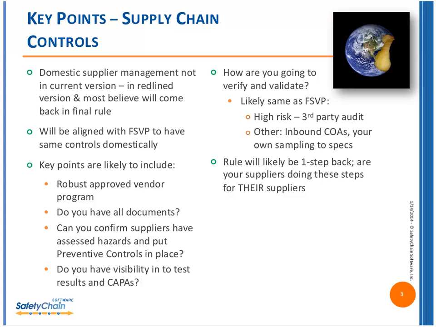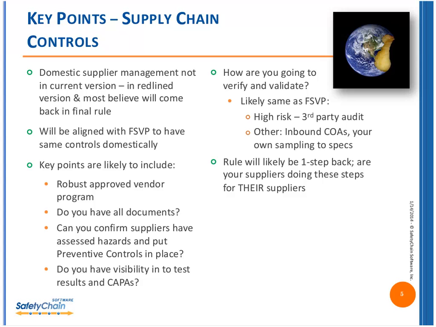So you're going to have to show, do you have all of your supplier documents? Can you confirm that your suppliers have assessed their hazards and put preventive controls in place? Do you have visibility into safety test results and corrective or preventive actions that were put in place? And how are you going to verify and validate?